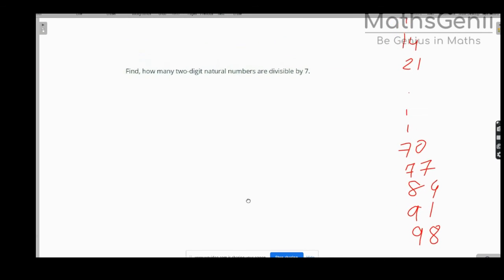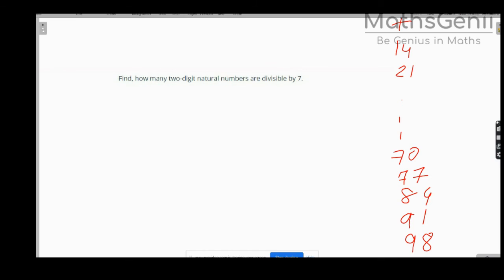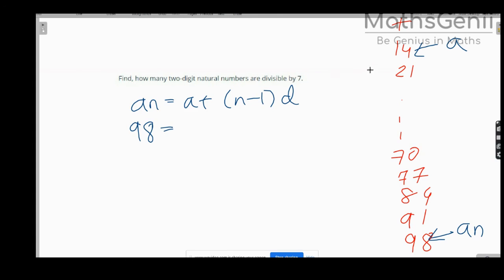So the first two-digit number that is divisible by 7 is 14, and the last two-digit number divisible by 7 is 98. I will apply the same formula. a of n is equal to a plus n minus 1 times d. a of n is how much? 98. a is how much? 14 plus n minus 1. d is how much? The difference is everywhere 7.